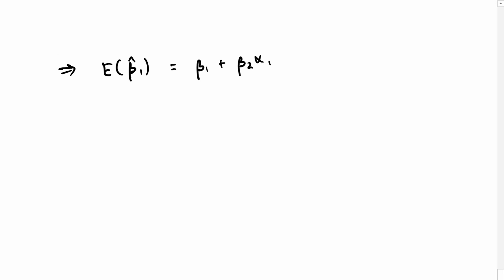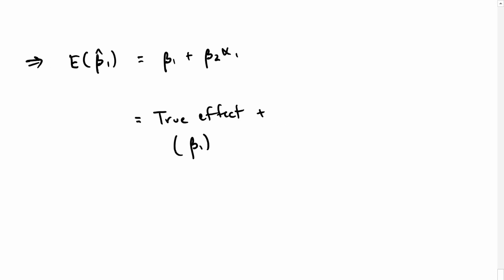The other way we could write this is that's equal to the true effect, which is just beta 1, plus bias due to omitting z.